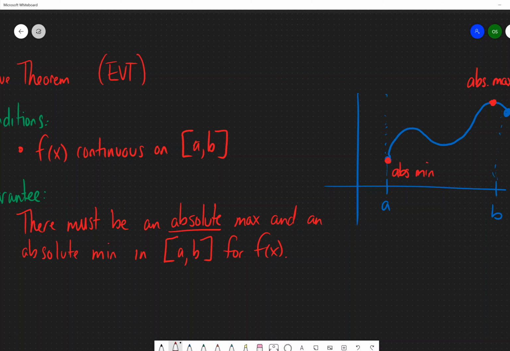Now, could there be places where there is more than one absolute max? So absolute max is talking about just the value. So I'm going to say this is f of b. So let's say, what if the peak went all the way up here? Well, still the absolute max value is this number. So when we say absolute max, we're not talking about the x values where it happens.